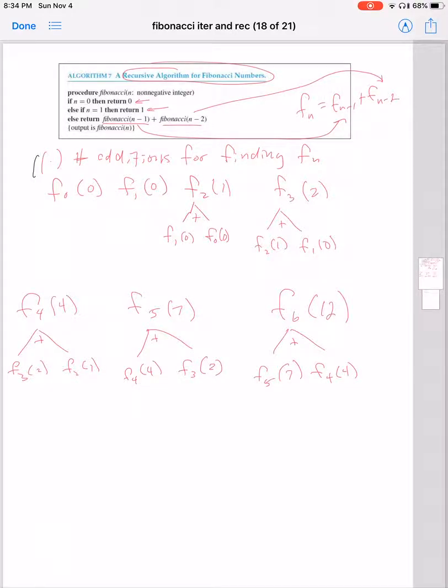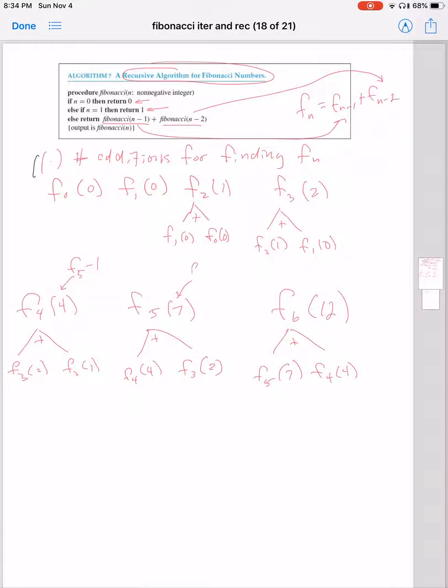And perhaps by now you've noticed that these numbers are following a pattern. The pattern is that these look a lot like the Fibonacci numbers minus 1. Fibonacci 5 requires 7 additions.